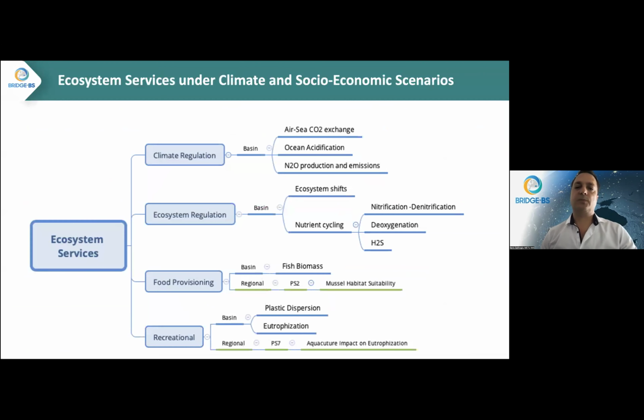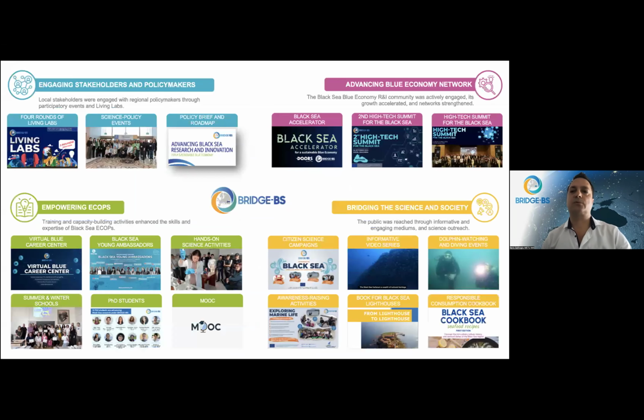So this will be explained in more detail, but here you see the different ecosystem services that we have addressed with models. The climate regulation, ecosystem regulation, food provisioning, and recreational services, they all are addressed by models and afterwards by decision support tools.